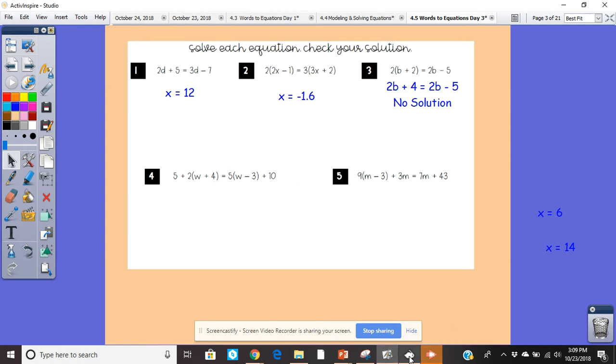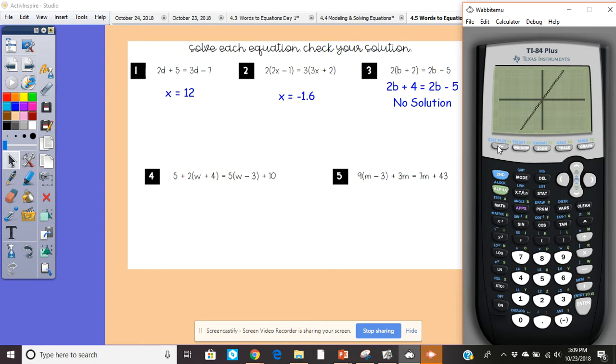So on this bottom one here, we have 5 plus 2, open parentheses, x plus 4, and then below it, 5 times x minus 3 plus 10.